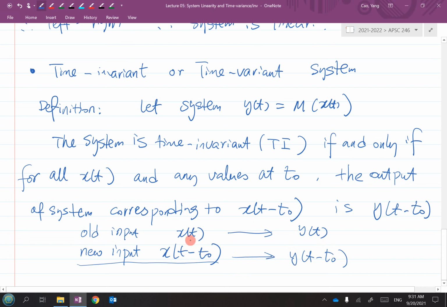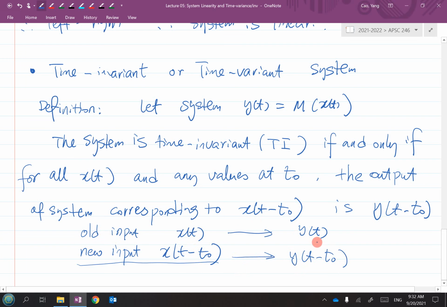Old inputs produce y of t, and now you're shifting the new input by t naught to the right. If the system is time invariant, then it guarantees that the system output is just a shifted version of the original output.